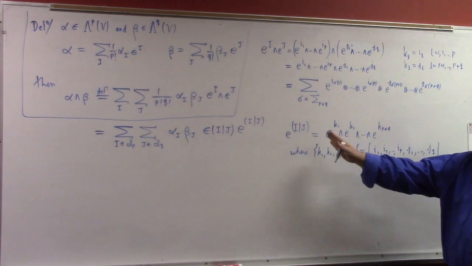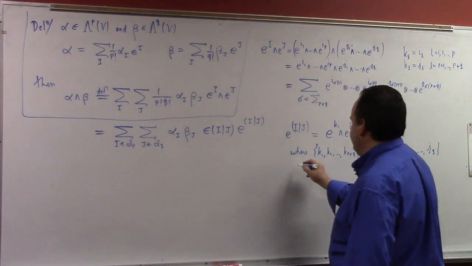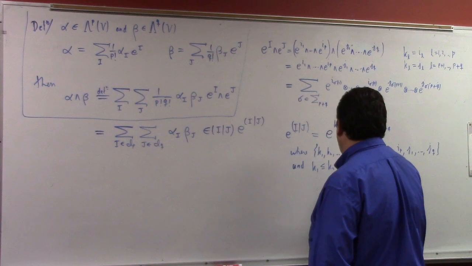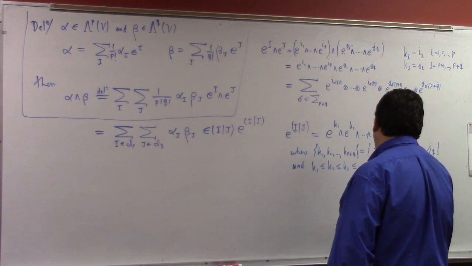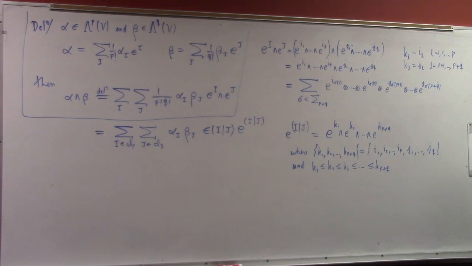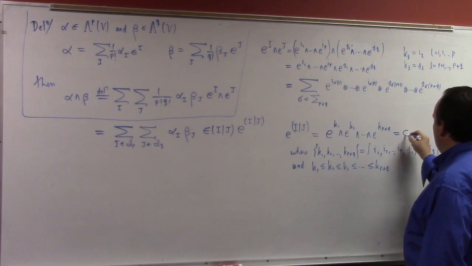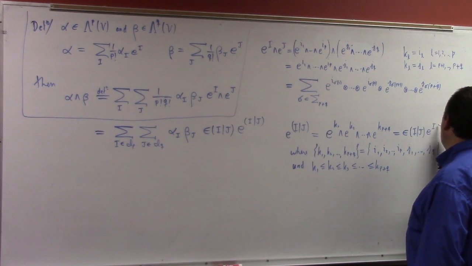So this is the same set of indices, with k1 less than or equal to k2 less than or equal to k3 less than or equal to ... less than or equal to k(p+q). And this is equal to epsilon_{IJ} e_I wedge e_J.